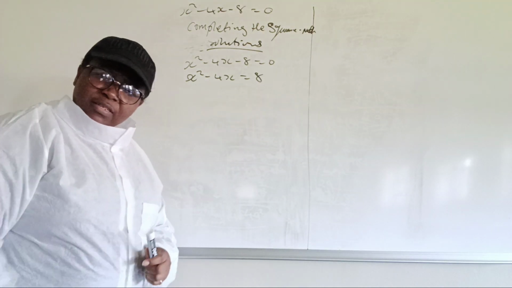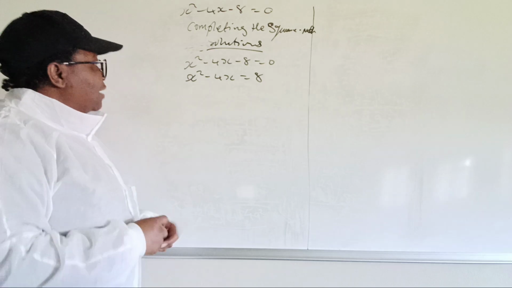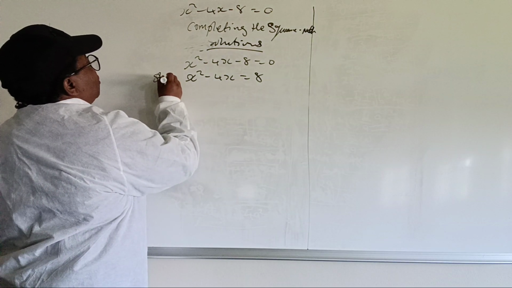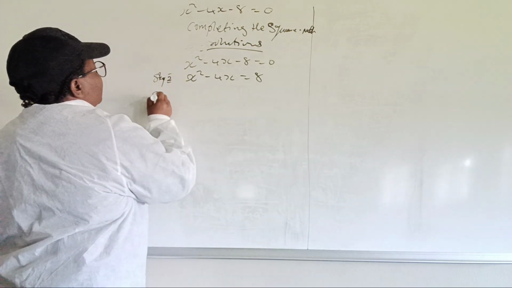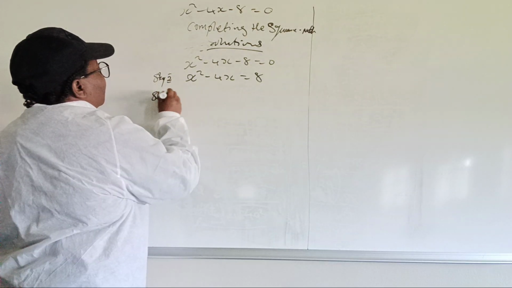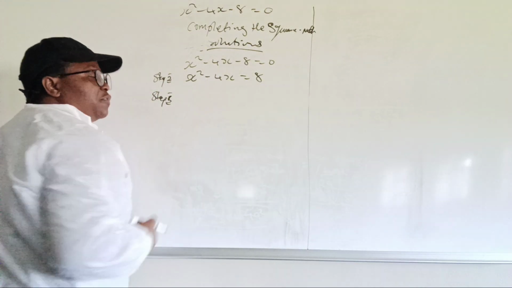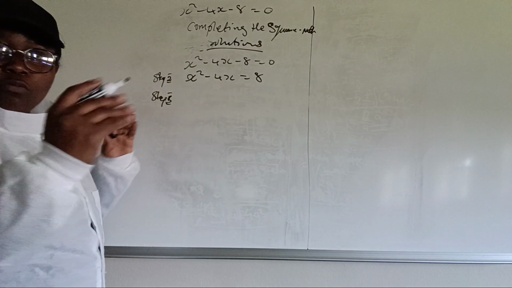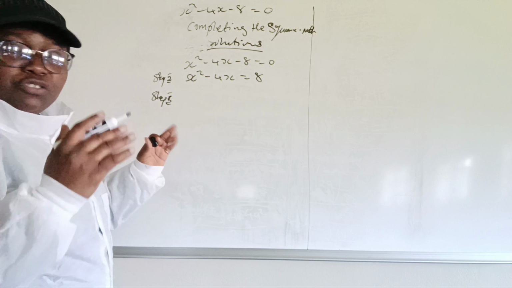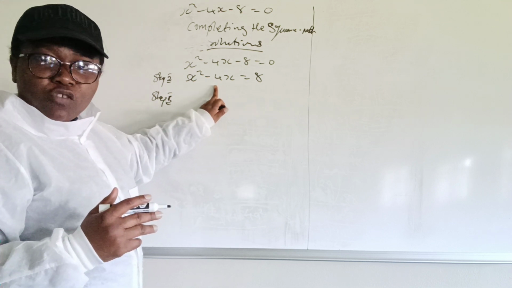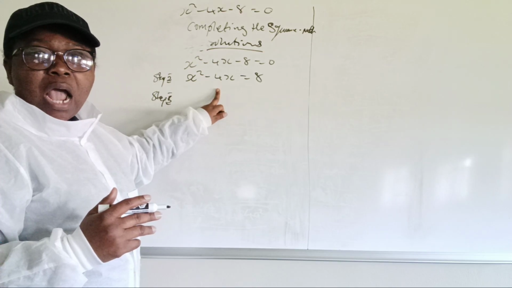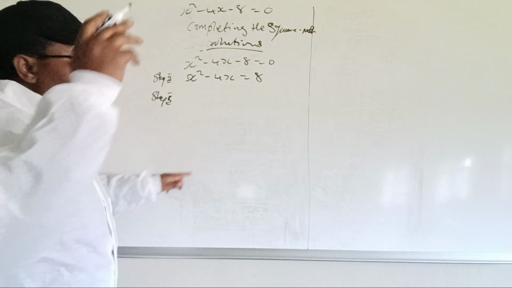So what is the first thing I said? This is step 2, step 3: add half of the coefficient of x, which is 4, squared, on both sides of the equation. Remember what I said?